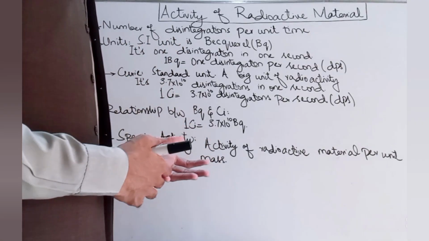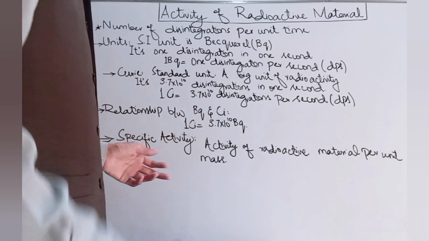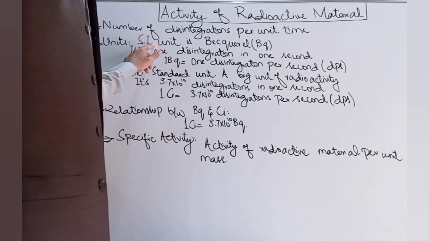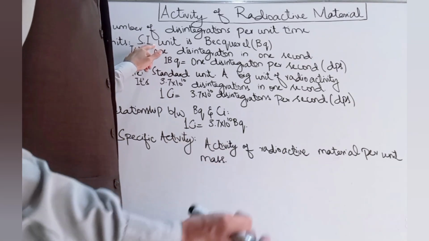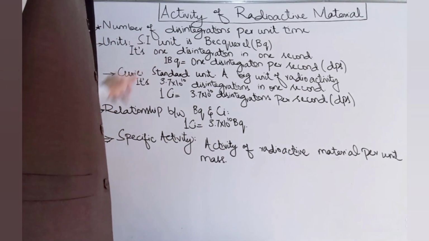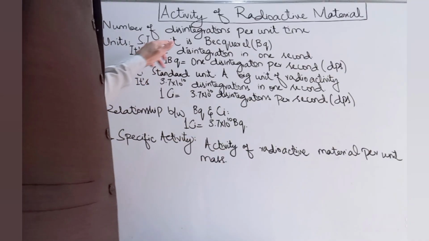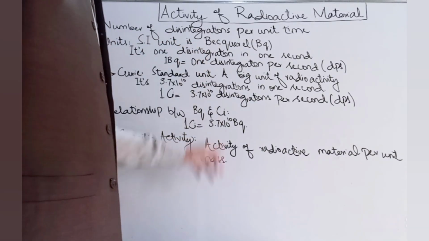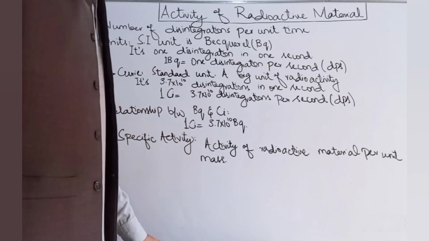If you have not watched that lecture, the link is given in the description section. You must watch it to understand the discovery and history of radioactivity. So, to give credit to Henry Becquerel, the SI unit of the activity of radioactive material is named the Becquerel.